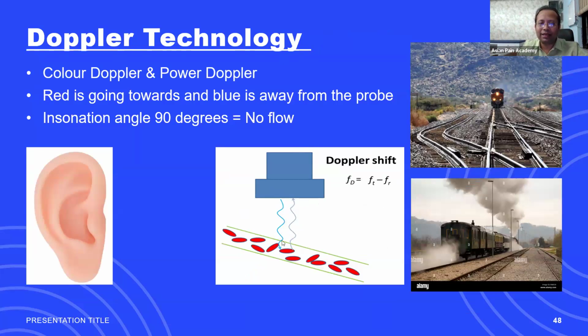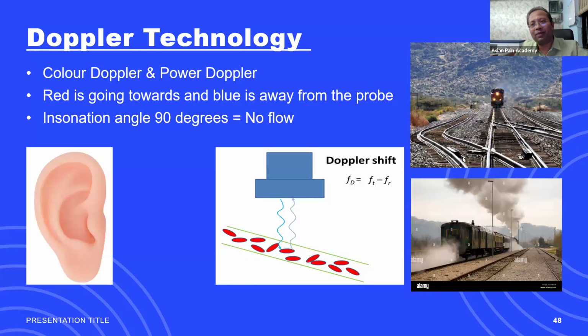It can understand which sound wave is coming towards it and which is going away from it, and it can process accordingly. See, one train is coming and then going.